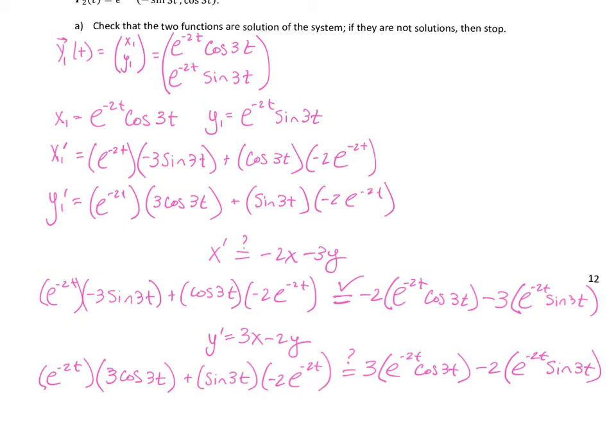They are the same. And then this term corresponds to this term because you can do multiplication in any order. So these are equal. Okay, so yes, y1 is a solution. The bold y1 is a solution.